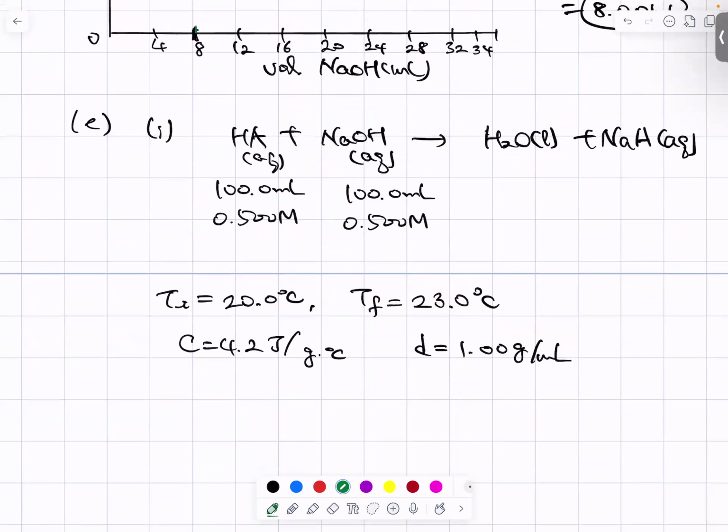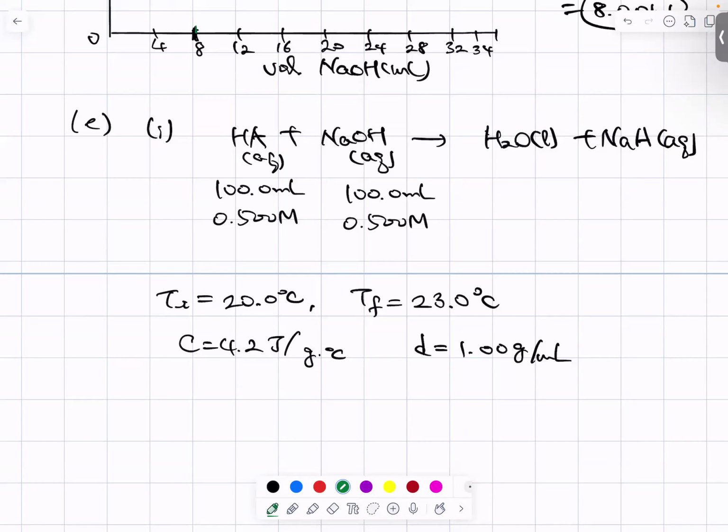Now, in this neutralization reaction, we are given equimolar amounts of HA and NaOH, both 100 milliliters and 0.5 molarity in concentration. When you mix them together and monitor the temperature, you find that the temperature initially 20 degrees C increased to 23 degrees C. Specific heat of the solution is 4.2 joules per gram Celsius.